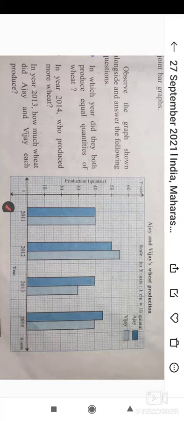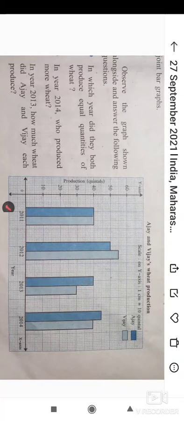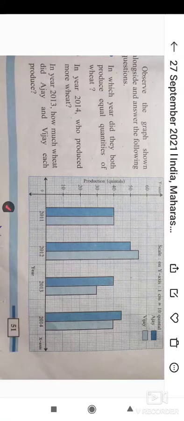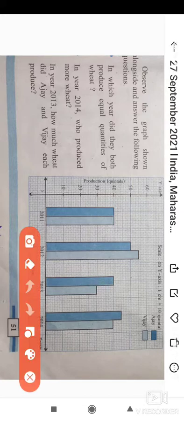So because of this joint graph, we can compare the graphs very easily. Observe the graph shown alongside and answer the following questions. In which year did they both produce equal quantity of wheat? If you see here, you will easily decide that the equal quantity is 40 quintals.